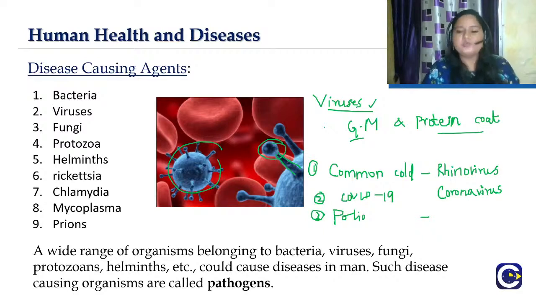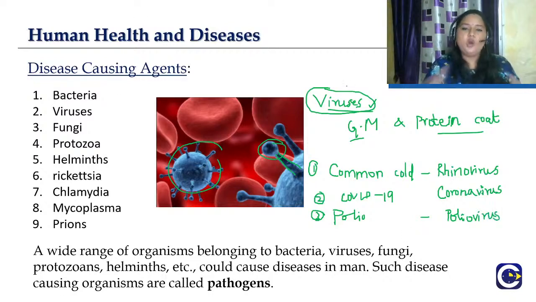We have the smallpox vaccine. We are purely focusing on vaccines to improve our immunity to fight against any virus. So polio is caused by a virus called poliovirus. The disease is called poliomyelitis.